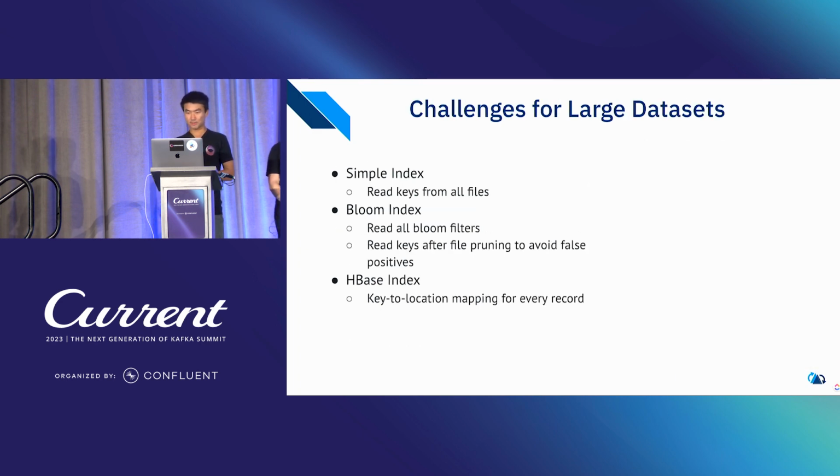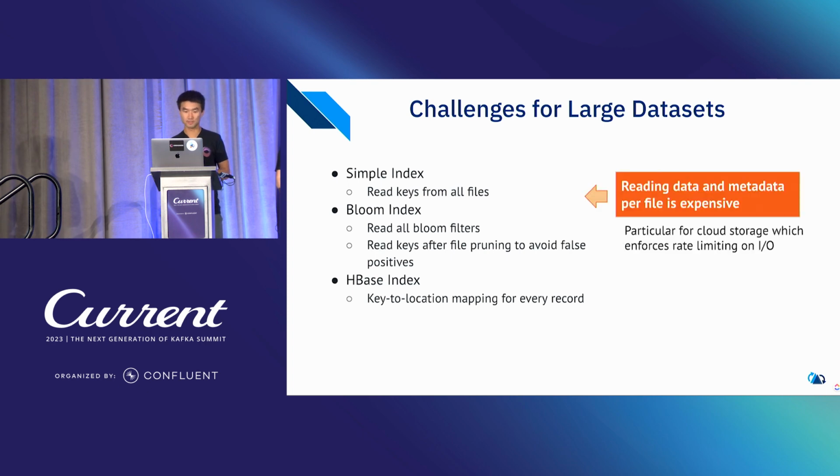As we can already see, there are a couple of challenges, even for large datasets, with using existing indices. As already mentioned, both Bloom and simple index need to read either the keys or Bloom filters from all the files, so they have to read some data per file.